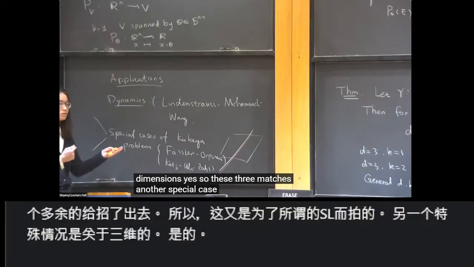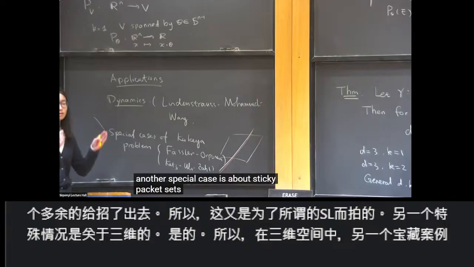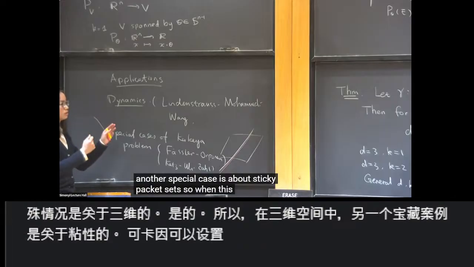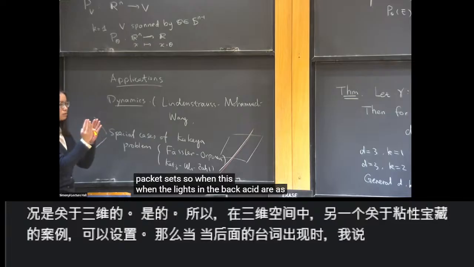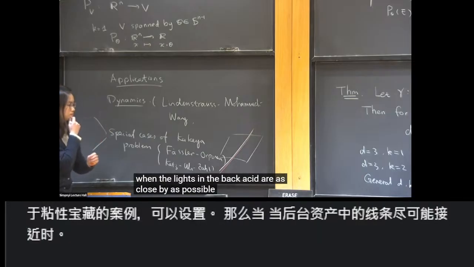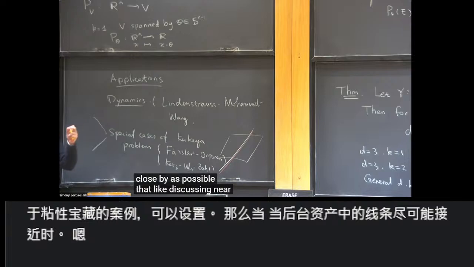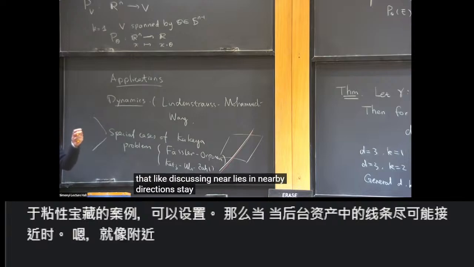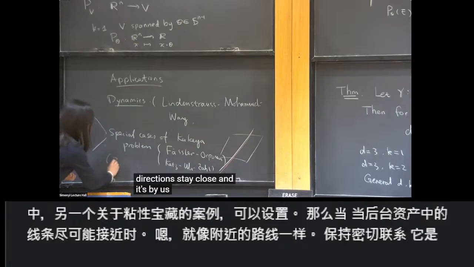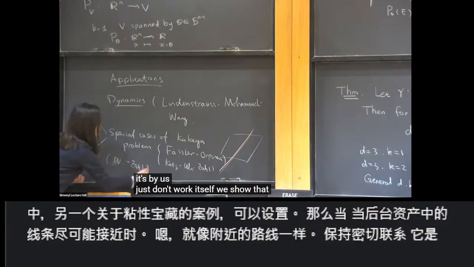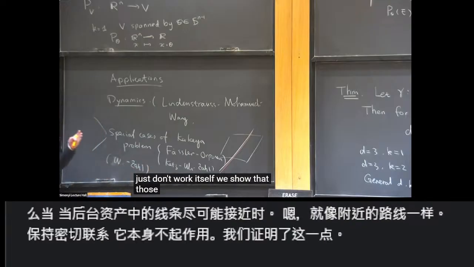Another special case is about sticky Kakeya sets. So when the lines in the Kakeya set are as close by as possible, like lines in nearby directions stay close, and it's by this joint work with Zhao. We show that those sticky Kakeya sets also have Hausdorff dimension 3 in R3.